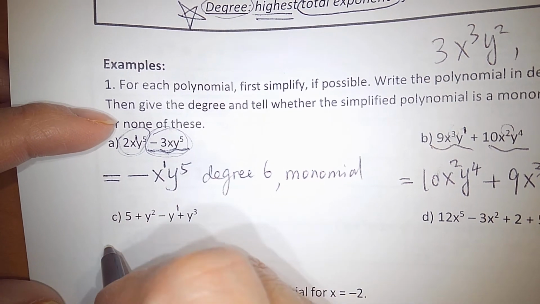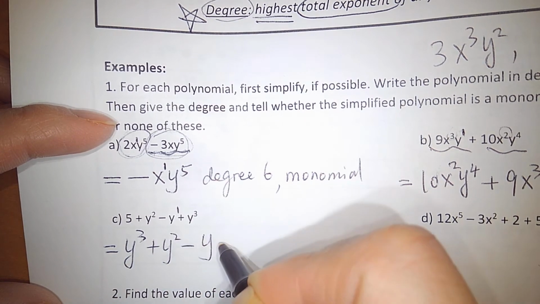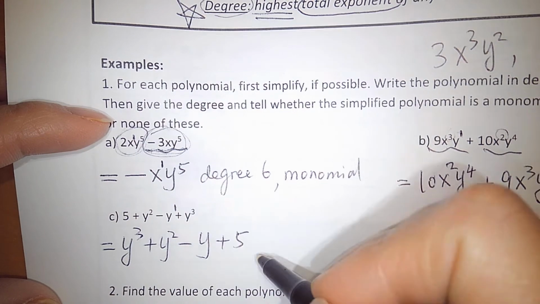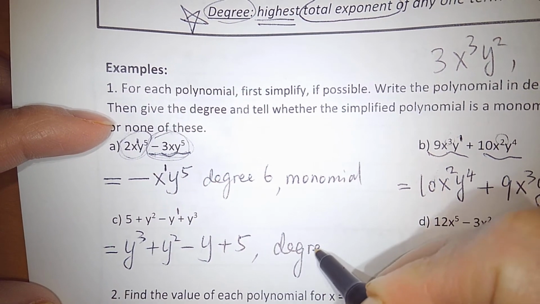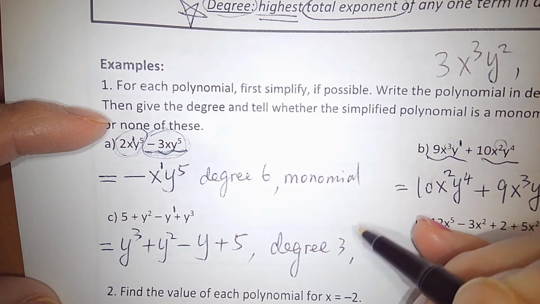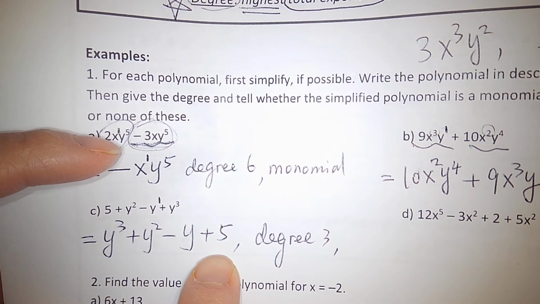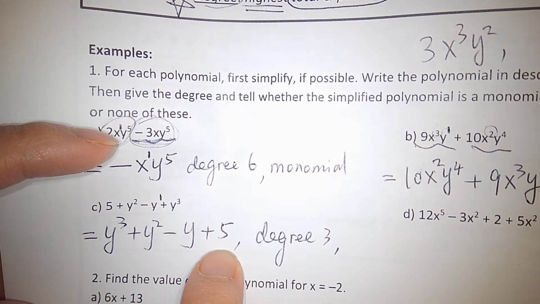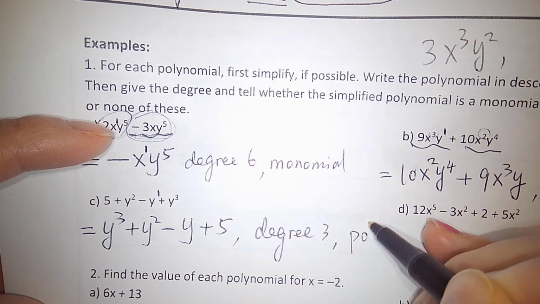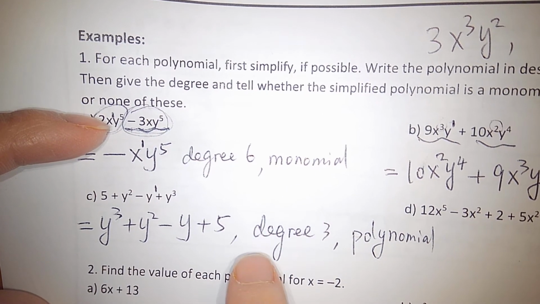So y cubed plus y squared minus y plus 5. This is in descending order. What is the degree of the polynomial? 3, yes. And what kind of polynomial is it? Over 3 terms, so 4 terms. It's going to be a regular polynomial. You guys agree with me?